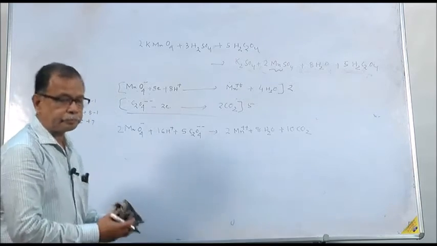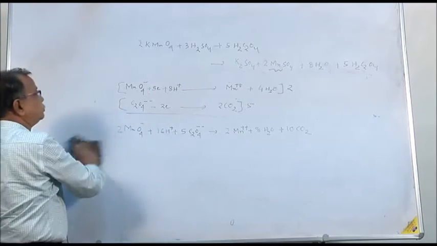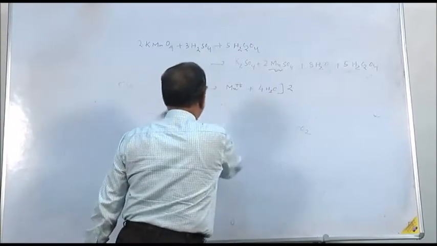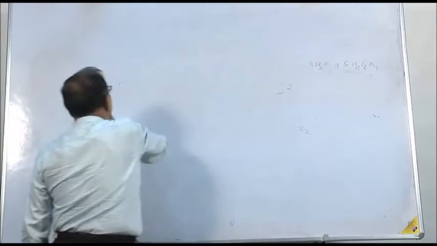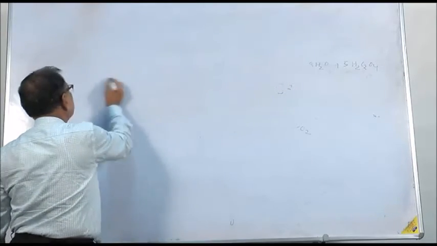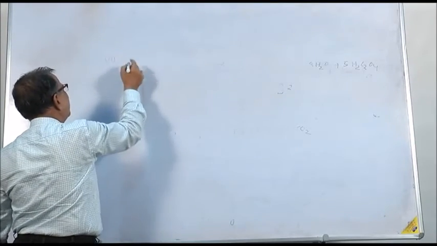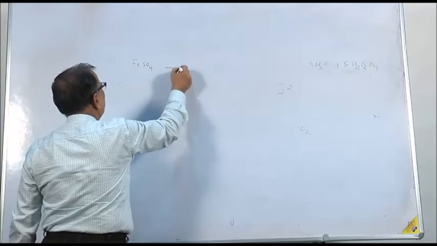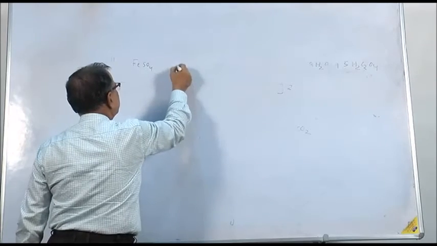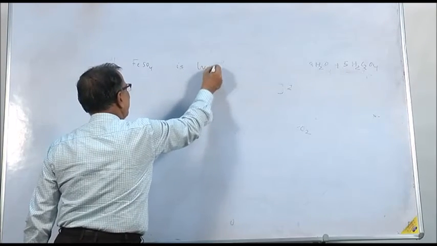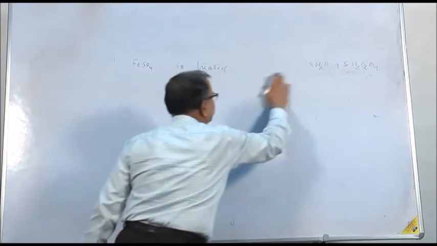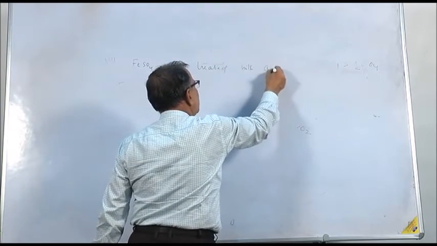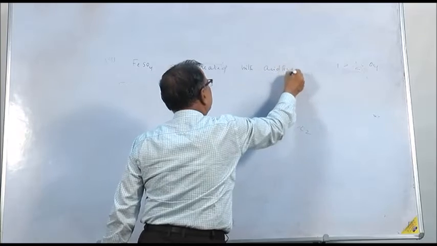Second part, 2. What happens when ferrous sulfate is treated with acidified potassium permanganate?